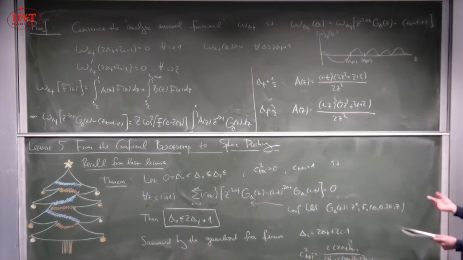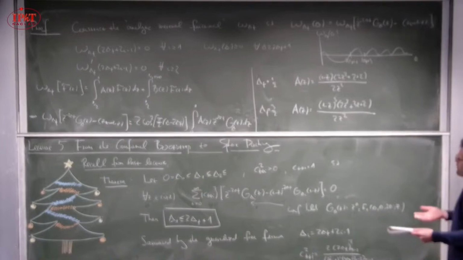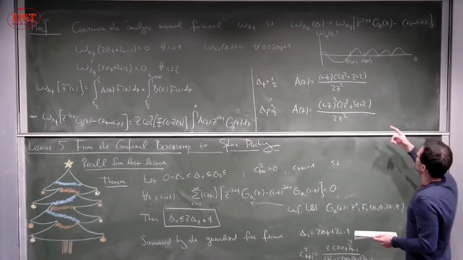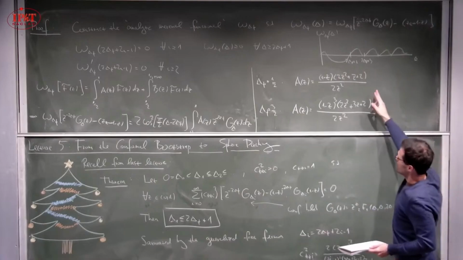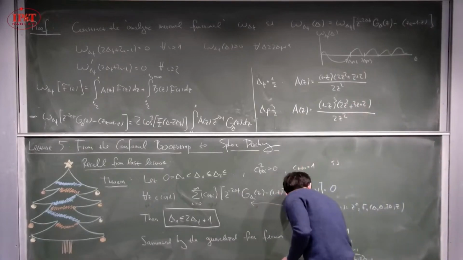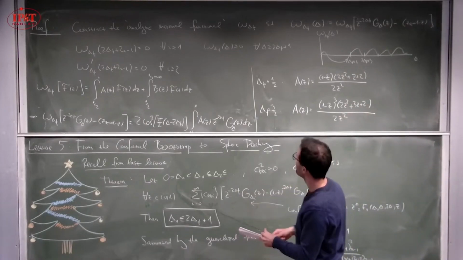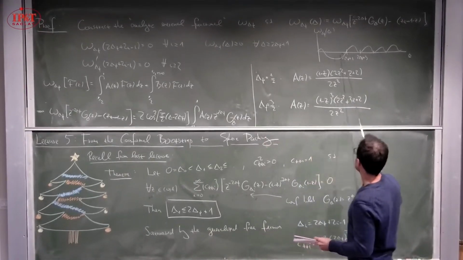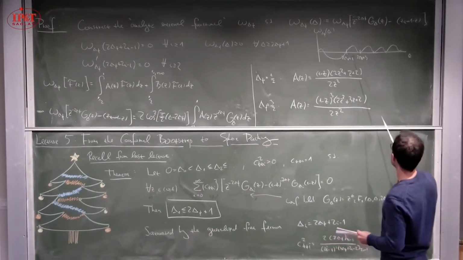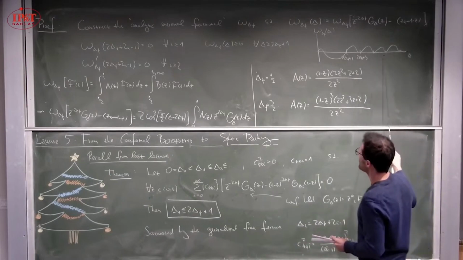In order to prove the theorem, we need to construct omega such that this omega of delta has the following structure. It needs to be non-negative for all delta greater than the gap that you're trying to prove.